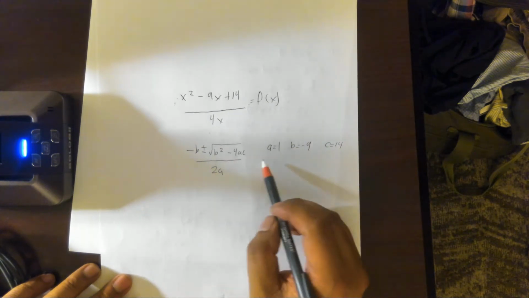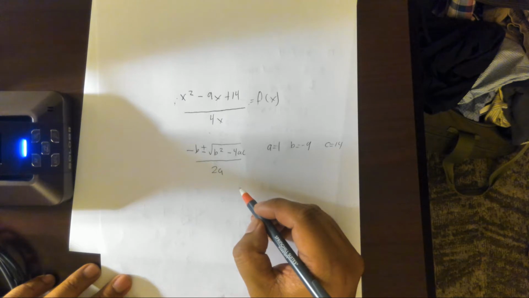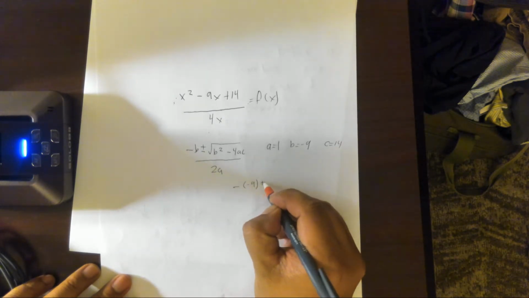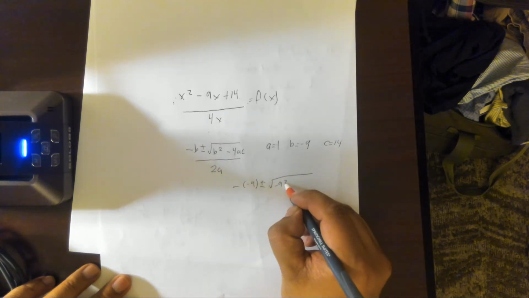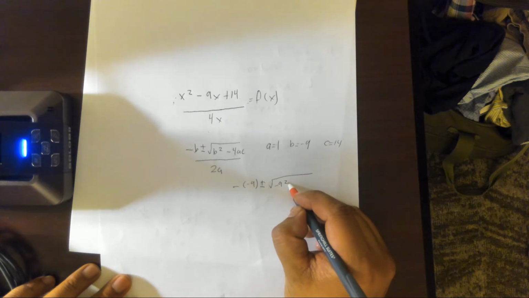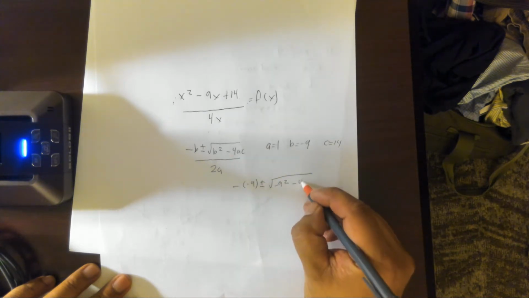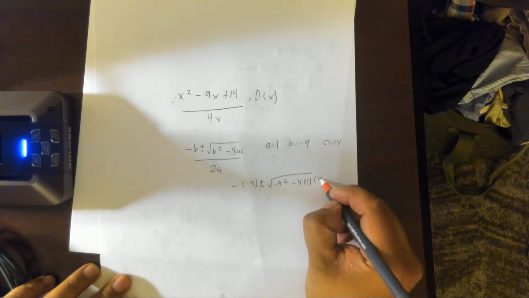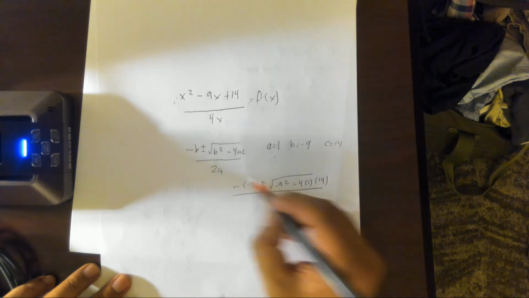I'm going to plug those numbers in. So negative b is going to be negative 9, plus or minus the square root of negative 9 squared, minus 4 times a, which is 1, and times c, all divided by 2 times 1.